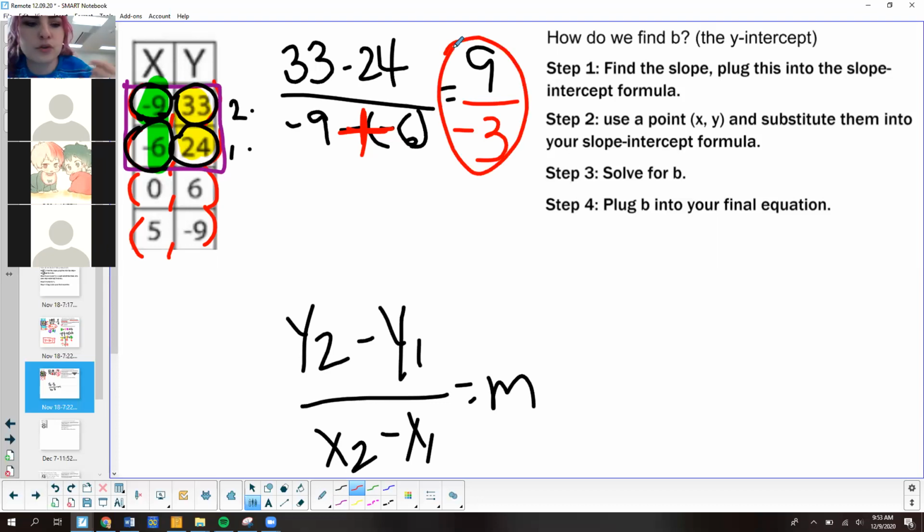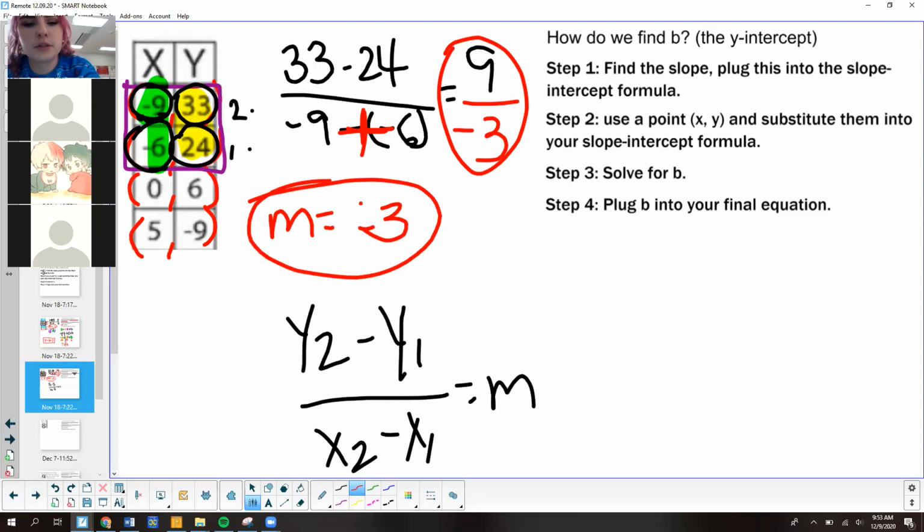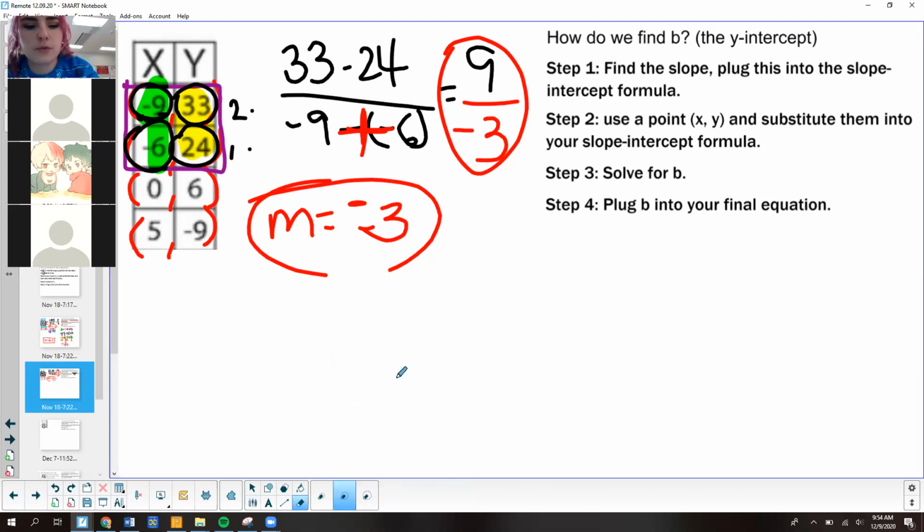That's going to be our slope. Now, we can actually simplify this. We can take 9 divided by -3, and we'll get -3. So our slope simplified is going to be -3. But those of you who said -9/3, that's perfect. So our M, or our slope, is going to be -3. I'll just make sure we know that's negative. I'm going to go ahead and erase that.